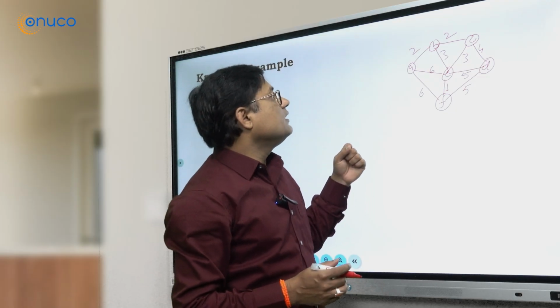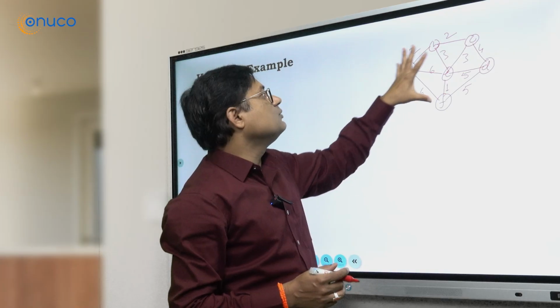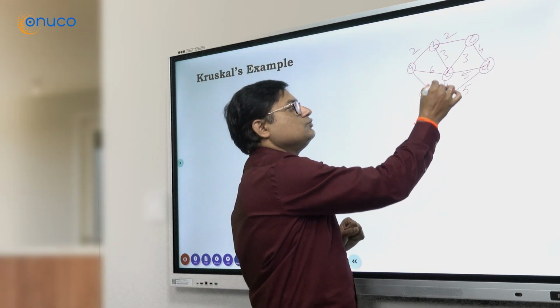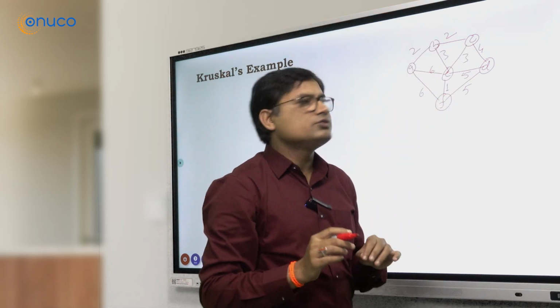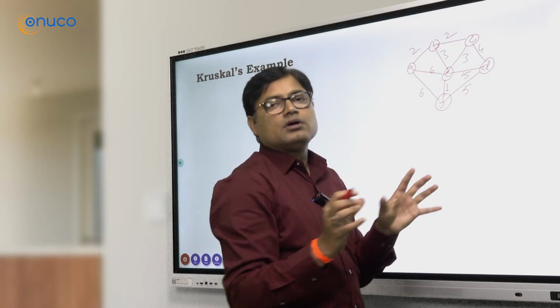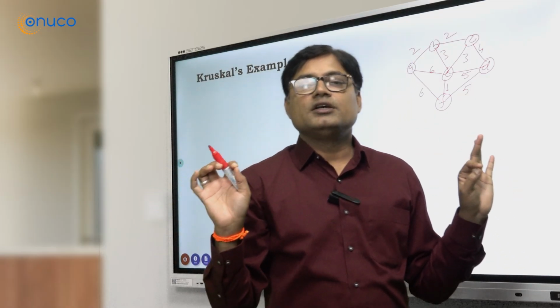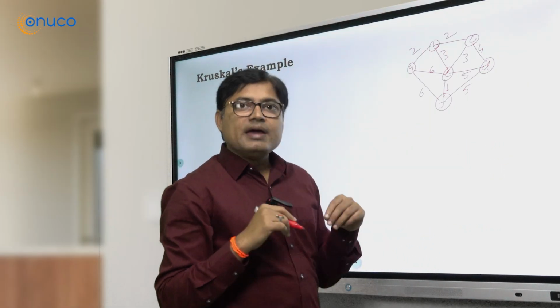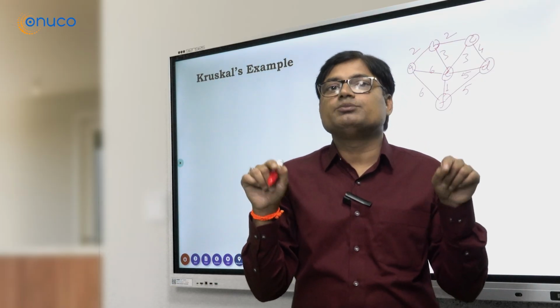If you say find the minimal spanning tree, or find the minimum values out of it, surely they will select E to F as 1, then B to C and A to B as 2, 2. They are going to perform the task like this. They will tell you that this is the minimum spanning tree. In a similar way, we have to make the computer understand what we are supposed to do.